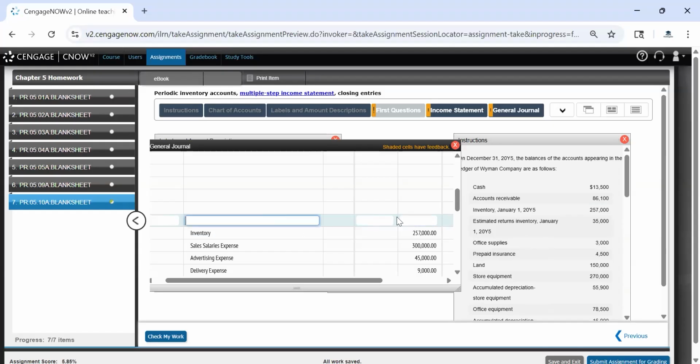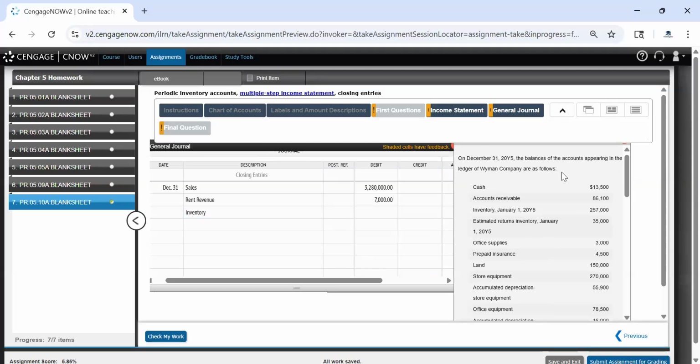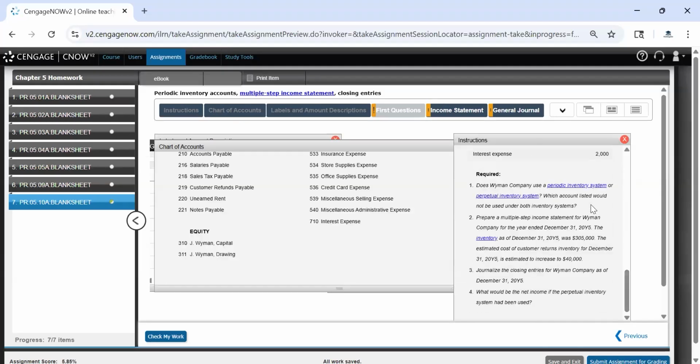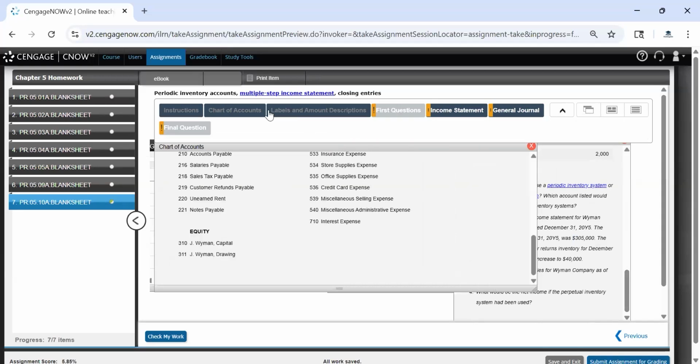And that's like zeroing out our expenses because our beginning inventory was sold. Then we're going to debit our ending inventory. So this has the effect of zeroing out and then increasing to the amount that is our ending inventory. In the instructions, our ending inventory was $305,000. So that's going to be our debit.